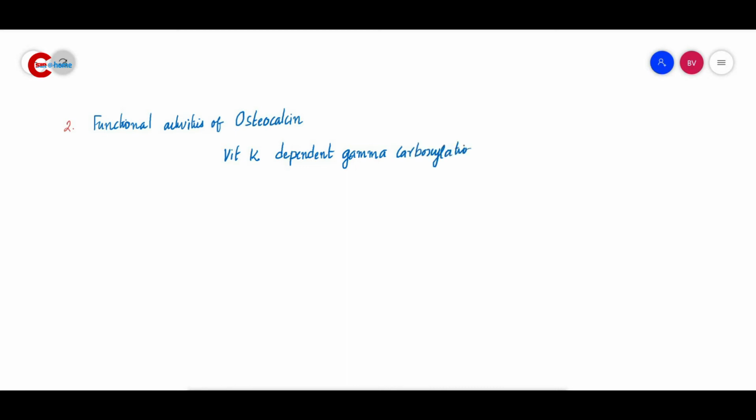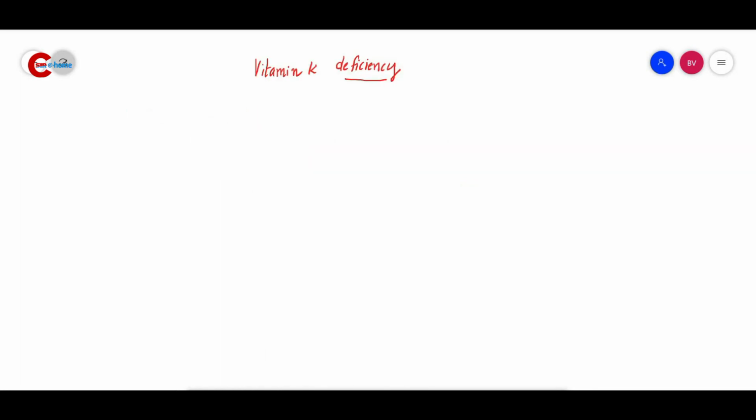And this is vitamin K dependent gamma carboxylation. This vitamin K dependent gamma carboxylation is necessary for the functional activity of osteocalcin. And where is it present? This osteoblast is present in bone.